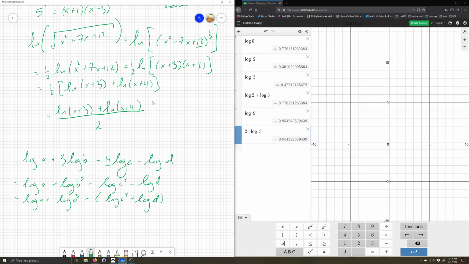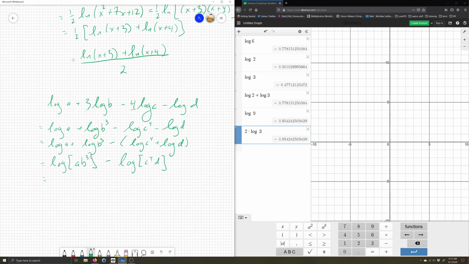I can distribute the negative sign out. That's helpful because I'm adding these two logarithms together, and so this becomes the log of a b cubed minus the log of c to the 4th d. Since I'm adding them inside the parentheses, I can multiply the insides of the logarithm function.